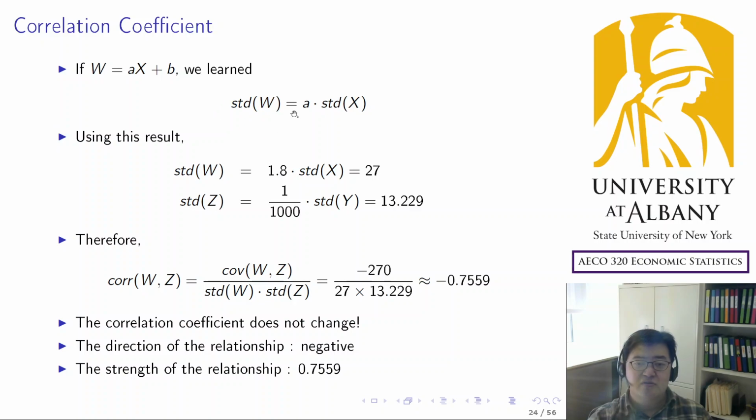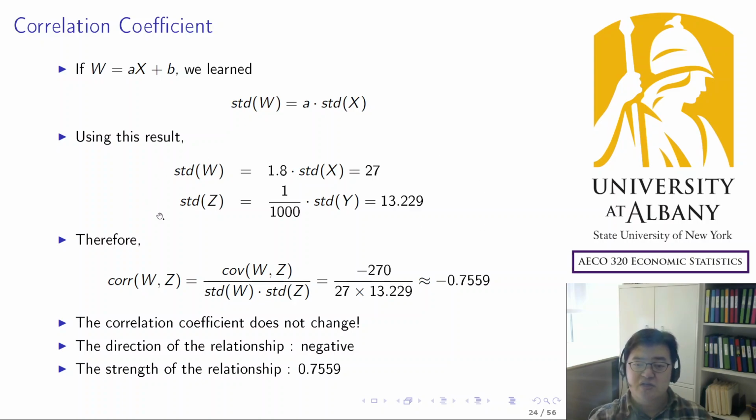The standard deviation of a linearly transformed random variable is affected only by the multiplied coefficient. Plus b does not affect. So if you multiply a and add b, then the standard deviation is affected only by the multiplication of a. That's what we learned in chapter 4. So it will be useful in calculating the standard deviation.